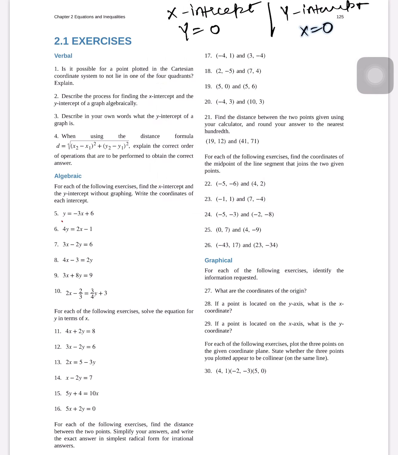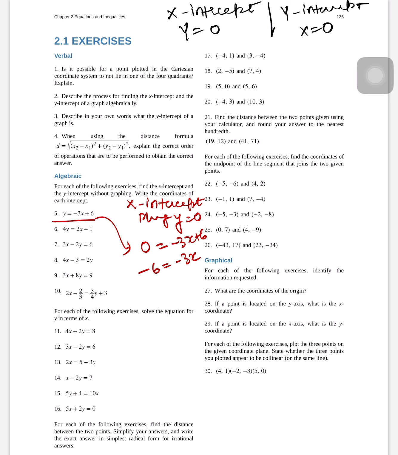So for this one, for the x-intercept, plug in y equals 0. That gives you 0 equals minus 3x plus 6. Subtract 6 from each side, so minus 6 is equal to minus 3x.